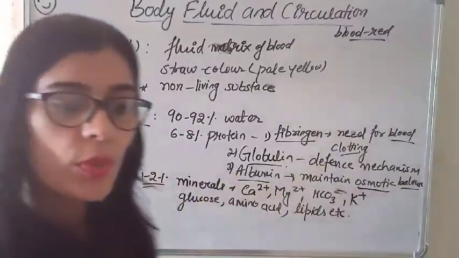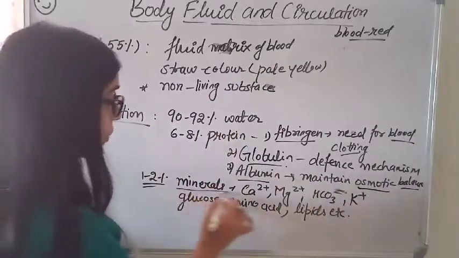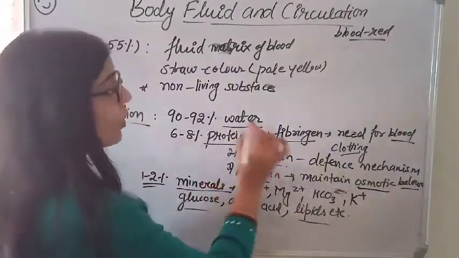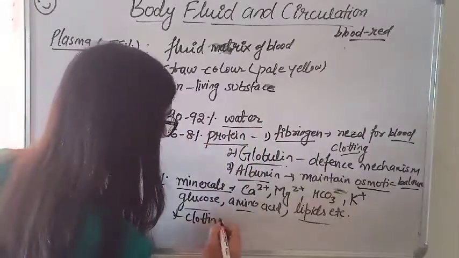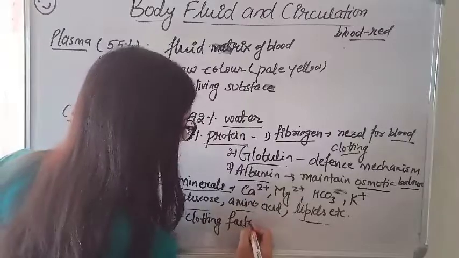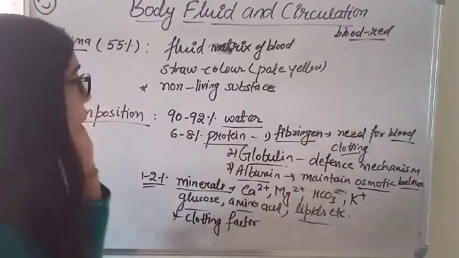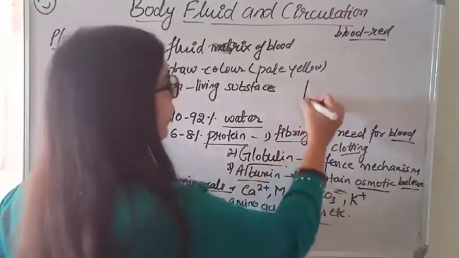So this way there are different kinds of minerals present, glucose, amino acids, lipids, different kinds of protein, water, and certain other clotting factors are also present in the plasma. Fine. So this is all about the plasma.